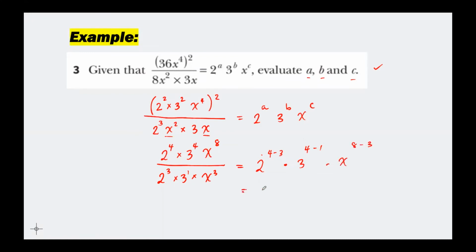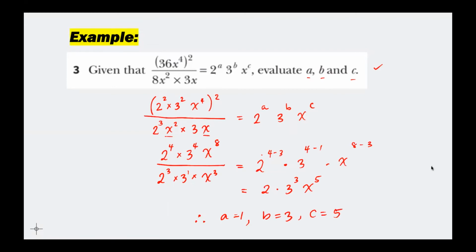So in the end, this can be simplified as 2 to the power of 1 times 3 to the power of 3, and then x to the power of 5. So therefore, by comparison, A is just 1 because that's the power of 2. B is equal to 3 as the power of 3. And the power of x is 5, so that means C is equal to 5.